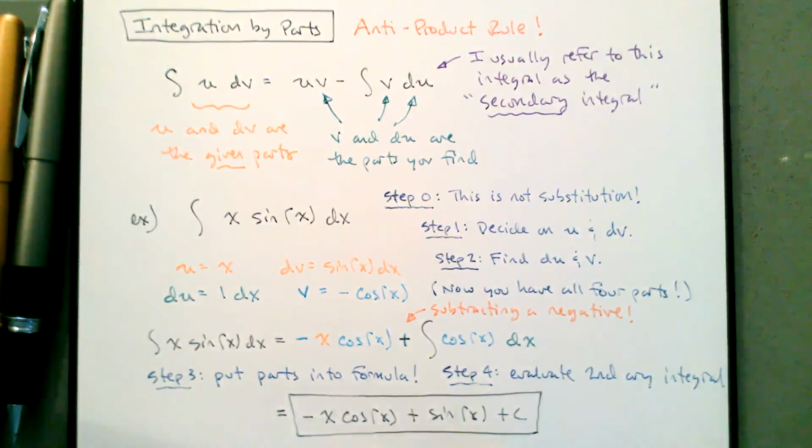So find the derivative of your answer using the product rule in this first term, and the derivative of sine is cosine, that cancels out one of the terms. And then step 5 would be repeat if necessary. Sometimes the secondary integral is also a parts integral.